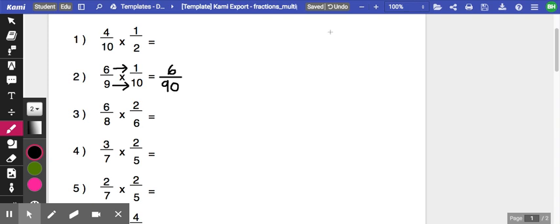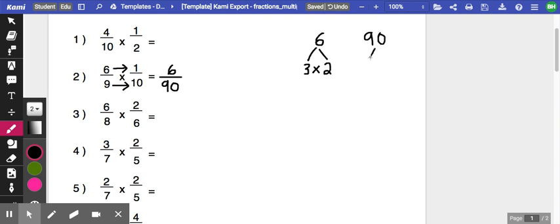Okay, so I'm going to do factor trees for 6 and 90 to find my greatest common factor. For 6, 3 times 2. Those are prime, so I can stop right there. Now I'm going to do the same for 90.